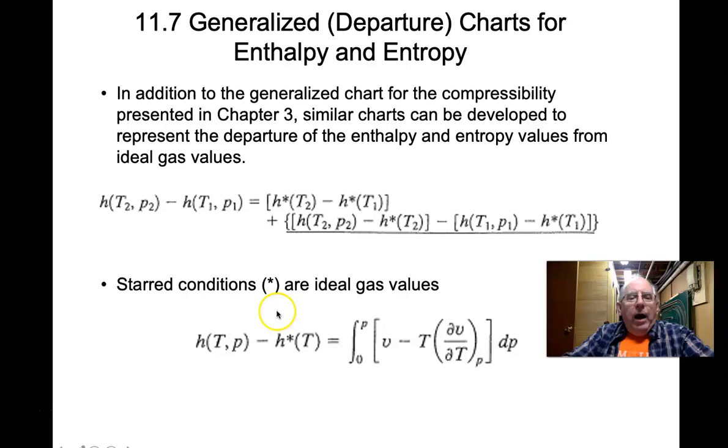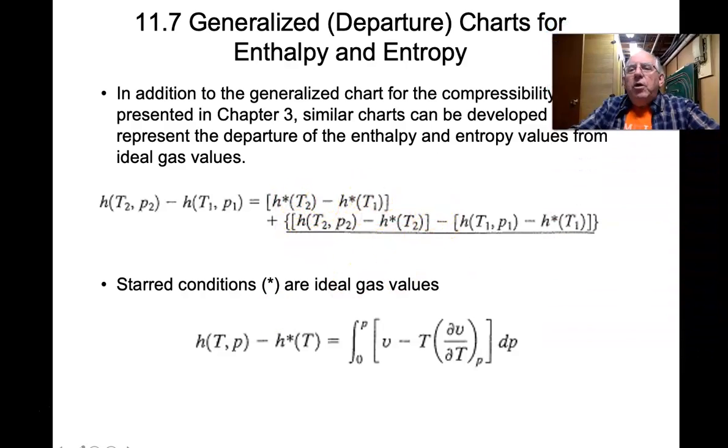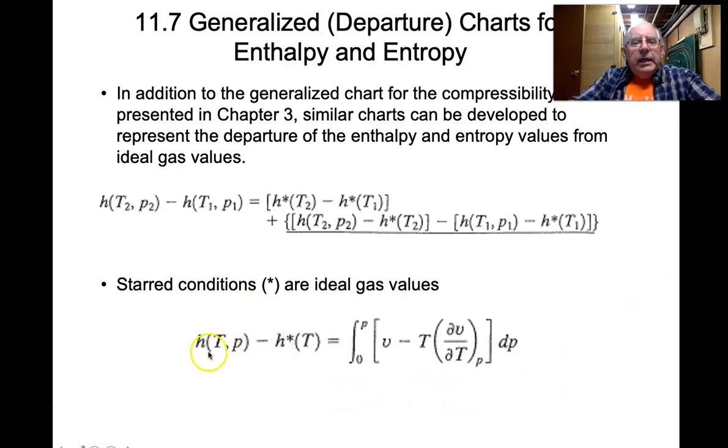And so how are these obtained? Well, those are obtained based on experimental data, and one can show that those differences, these departures, can then be written as an integral with respect to the change in pressure. Okay, and so again, in the textbook, they show you how that is done and what is actually happening there.